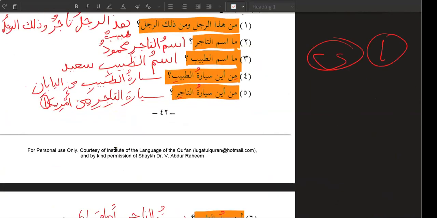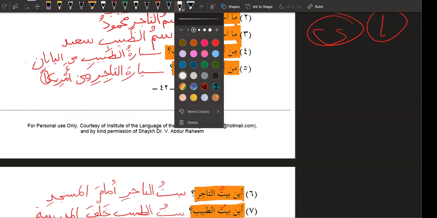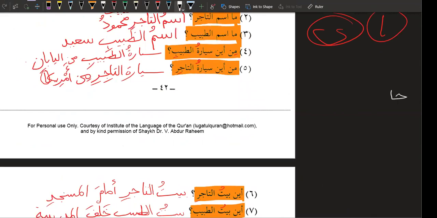So the main things we studied in الدرس الثامن were خلفه and أمامه. So خلفه meant behind and أمامه meant in front.